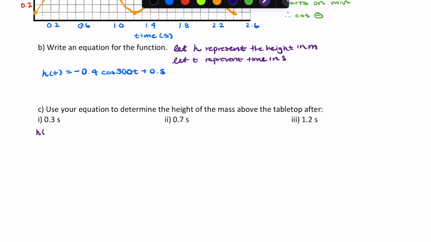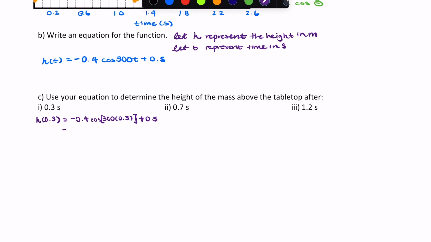Here we have h of 0.3 is equal to negative 0.4 cos 300 times 0.3 plus 0.5. And so h at 0.3 seconds will be 0.50.